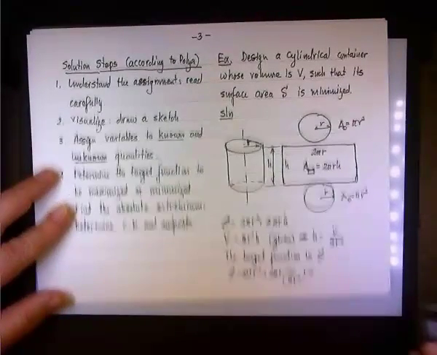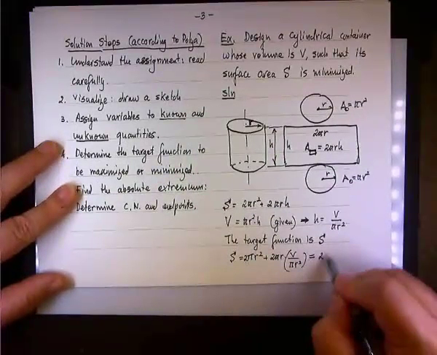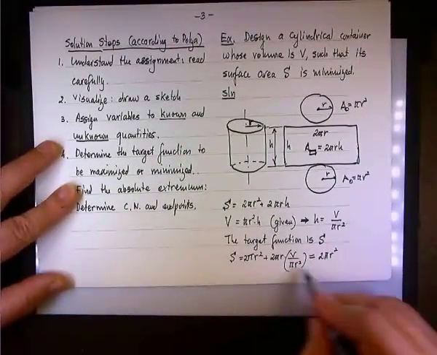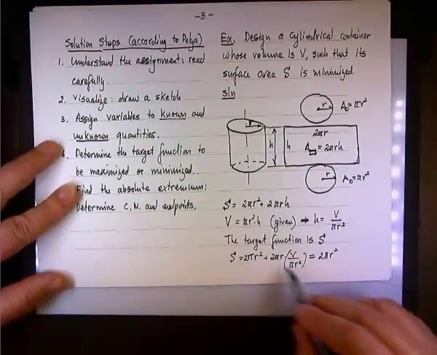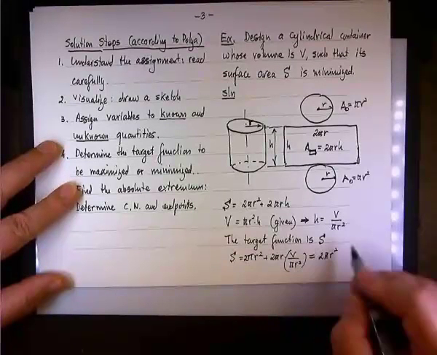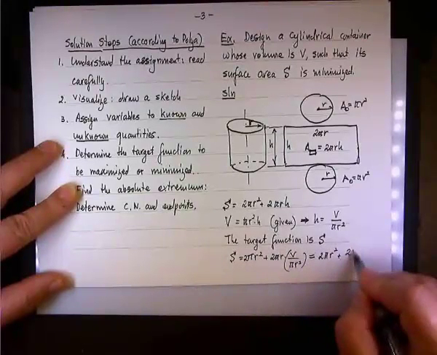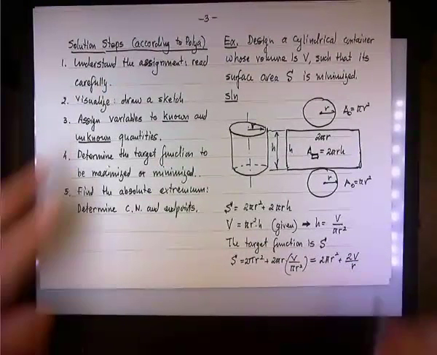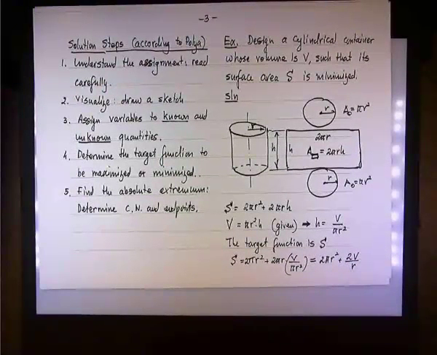So we need to massage it a little bit, and we have 2 pi r squared, and let's see, pi and pi cancel out, and we have 2V divided by r if I see it correctly. This is the target function.